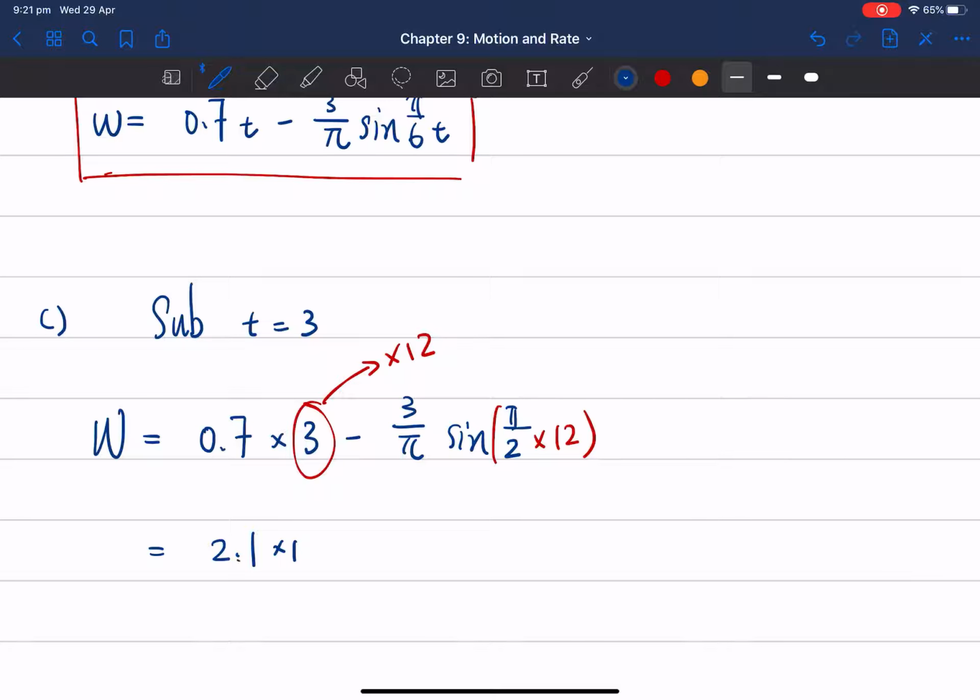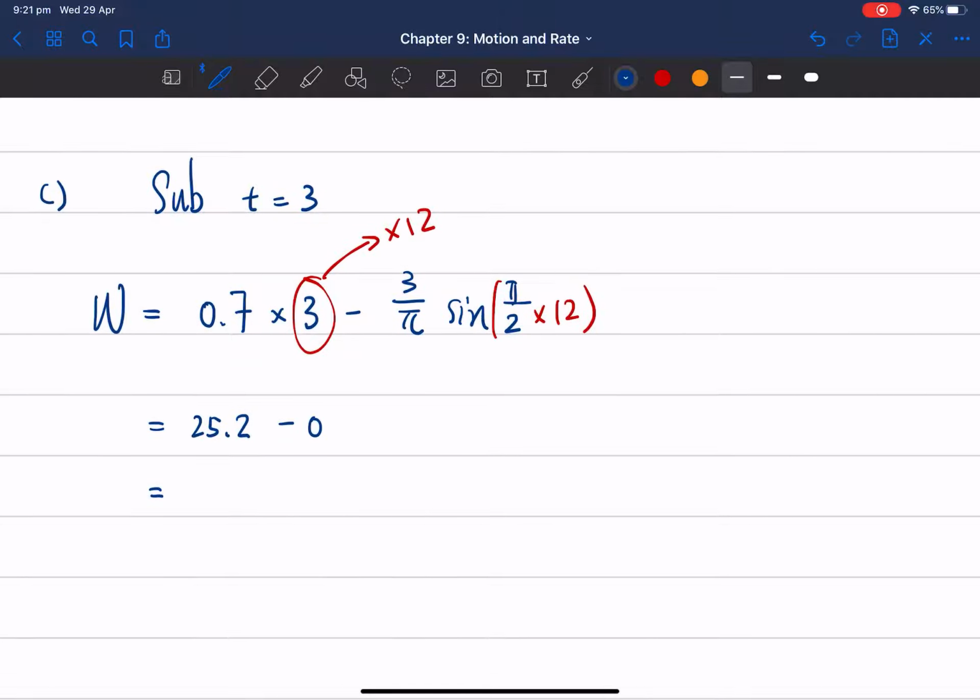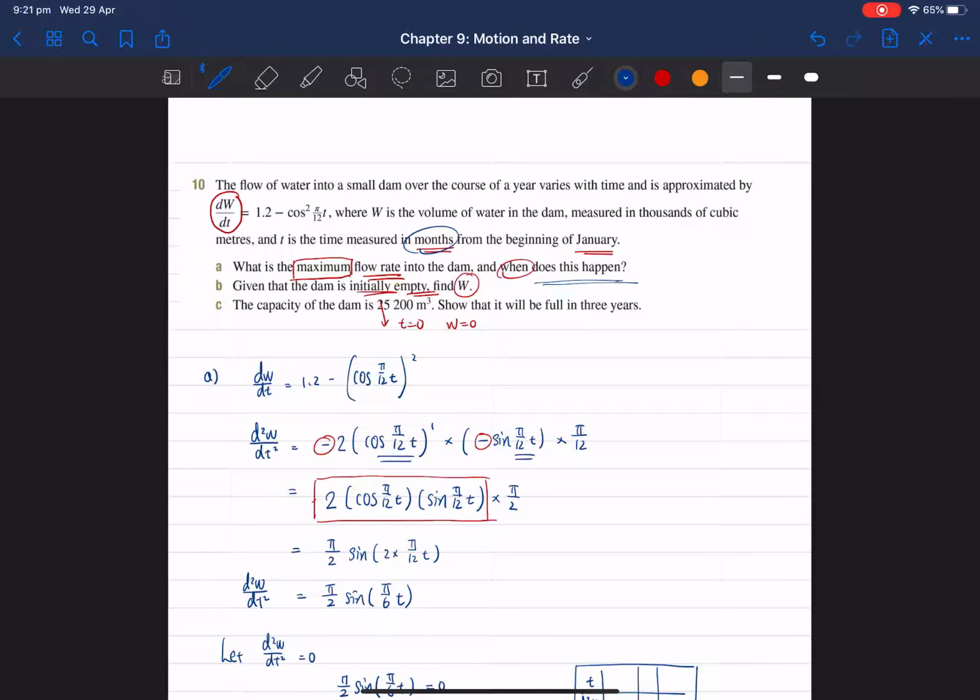So times by 12. Let's do that one more time using my calculator. So this one is 25.2 minus, let's see, sine 6 pi, which is equal to 0, so minus 0. That gives you 25.2. But what's the unit for W? The unit for W is measured in thousands of cubic meters.